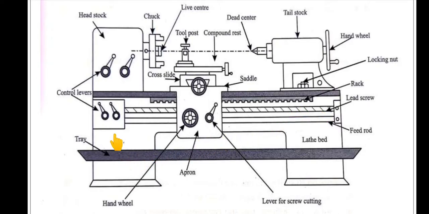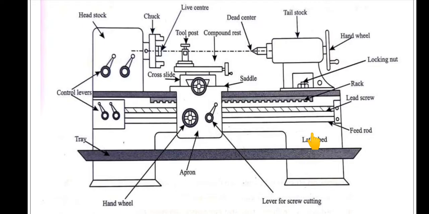So this is the bed, on which all these parts are mounted. The lathe bed is basically made up of grey cast iron, and at the top of the bed there are two sets of machined guideways, inner and outer.